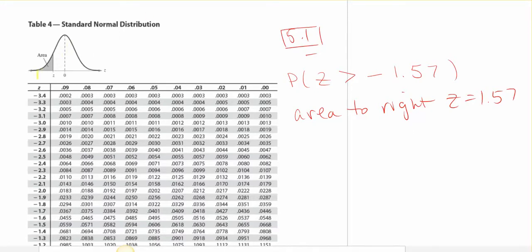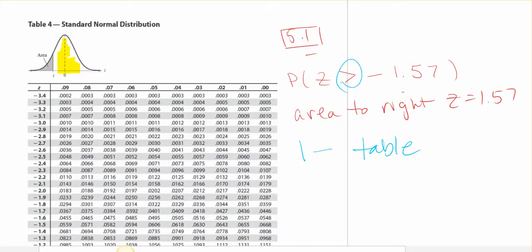Take a look at how this would look. It would be to the other side, right? So that's the complementary event. So in a less than situation, we read straight from the table. To do a greater than situation, we have to do 1 minus whatever we find from the table.